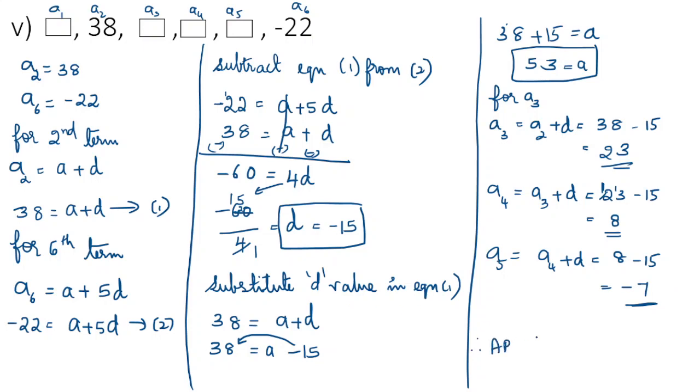Therefore the AP will be, so how much is the a value? 53 and 38. Then a3 is 23 and 8, minus 7, minus 22. It goes on, isn't it? So that is about the last question of that.